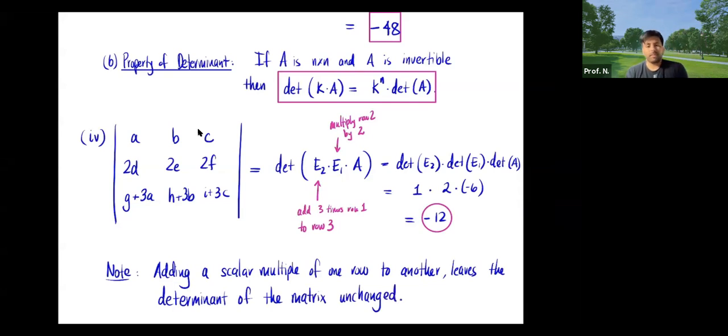So that doesn't change it. That's really important and really useful. And this is the technique, the reasoning, that we're going to use to find better ways of finding determinants of larger matrices, such as a 5 by 5 one.